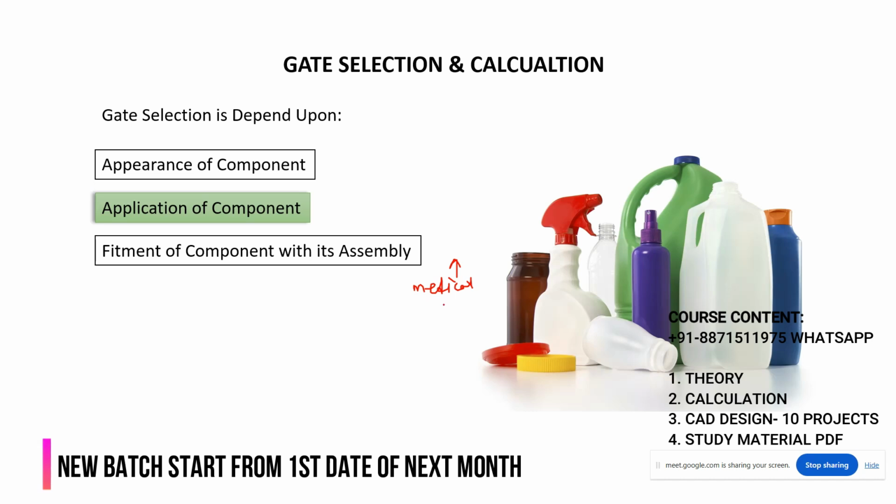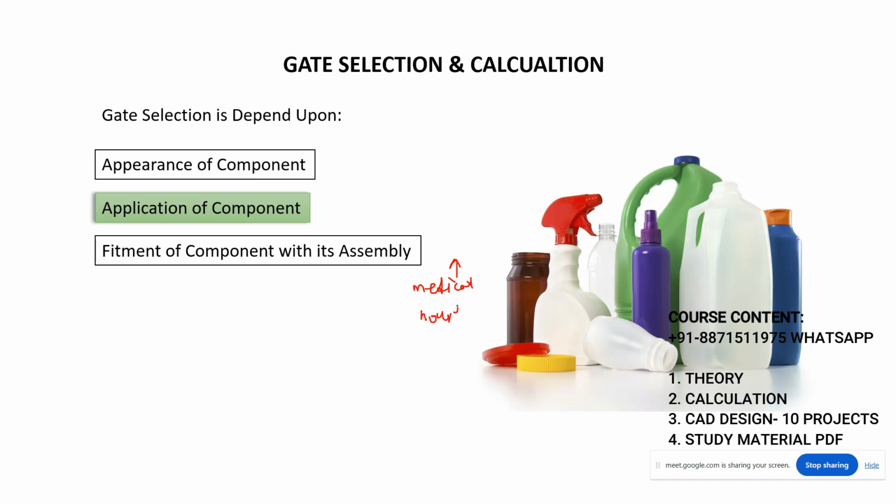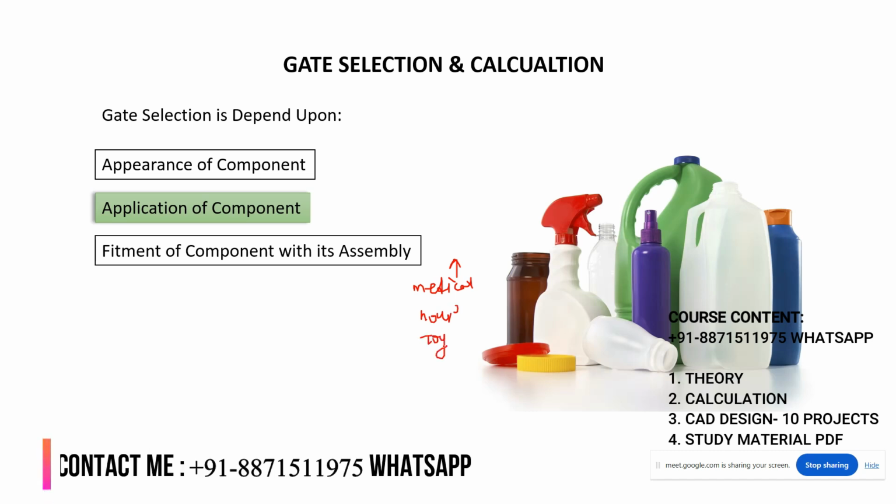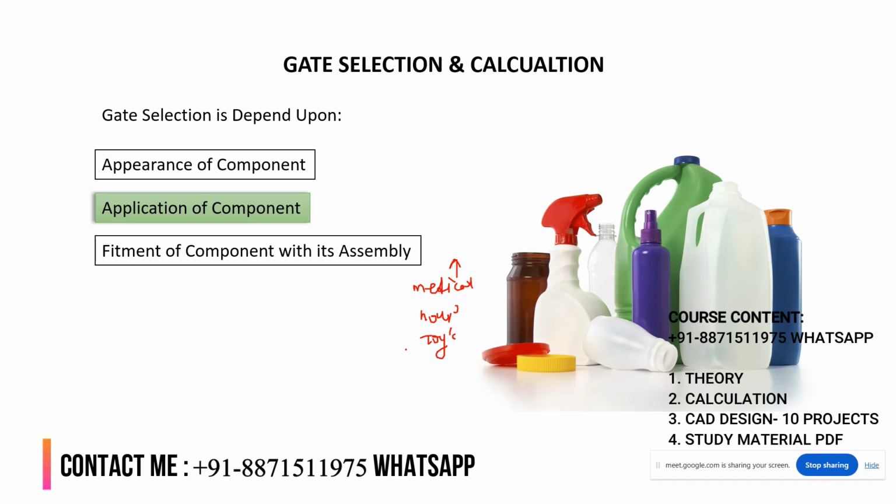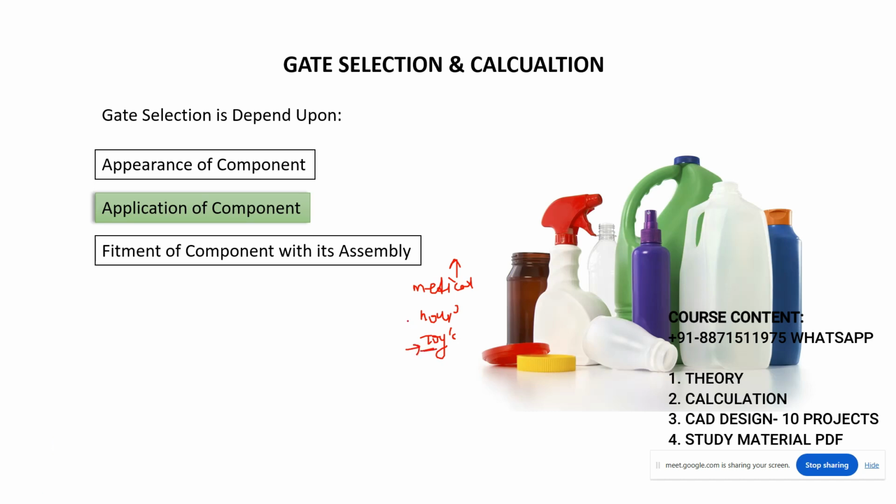For example, if we are designing a plastic component for a household product, or a toy, depending upon that toy or household product, we have to choose the material, and depending upon the material we have to design the mold. And depending upon that particular application, we have to do the gate selection, right or wrong? Understood or not? Yes, sir.